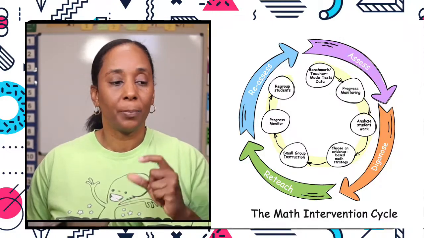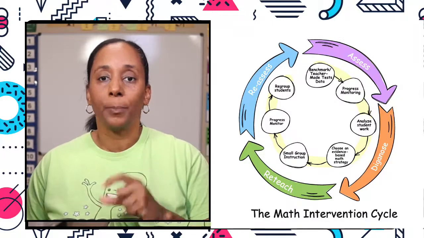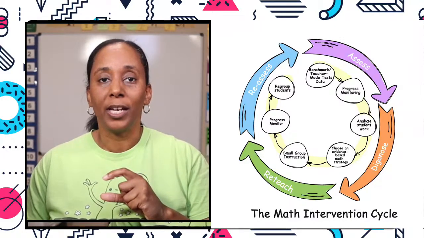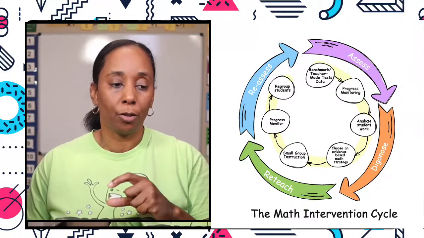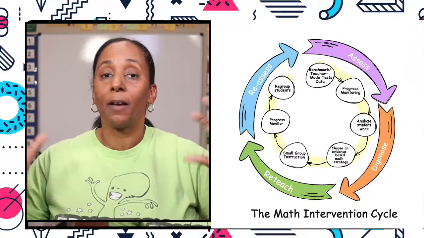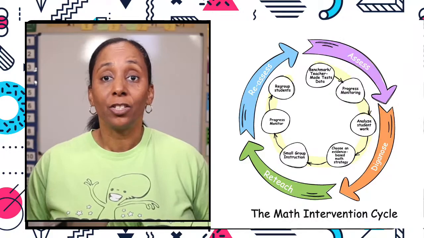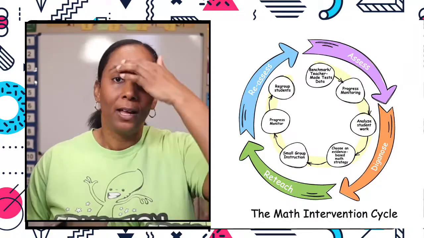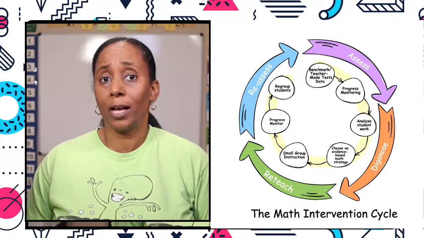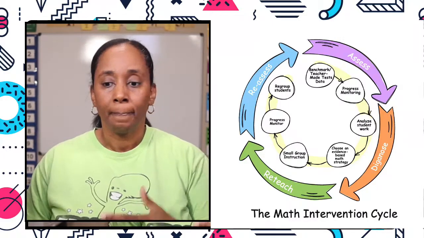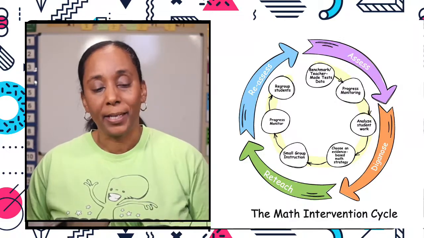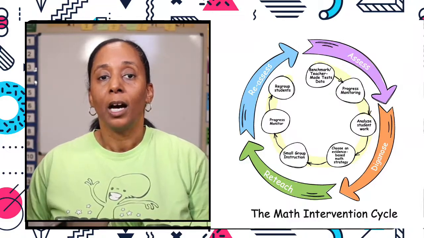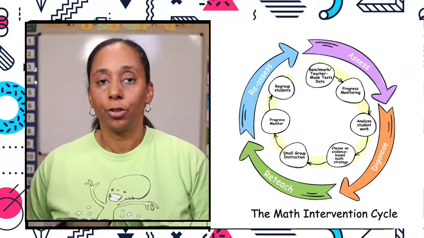That's the piece that we skip over once we have tried a new skill or intervention. My focus tonight is what do I do with this data now that I have it? The math intervention cycle begins with assessing your students.